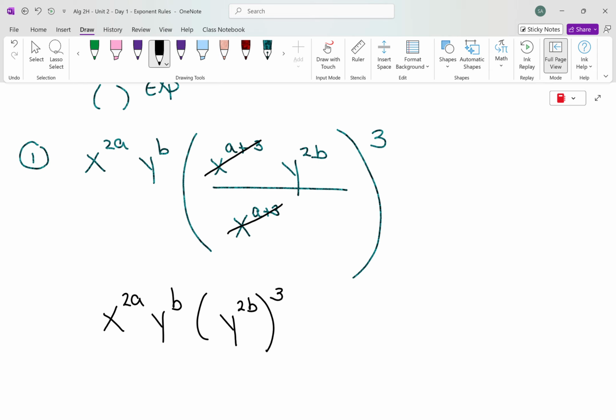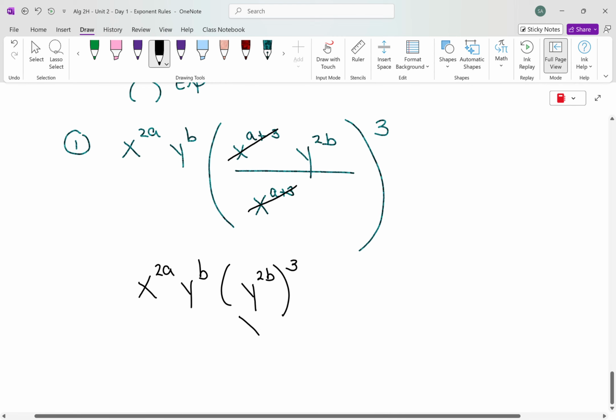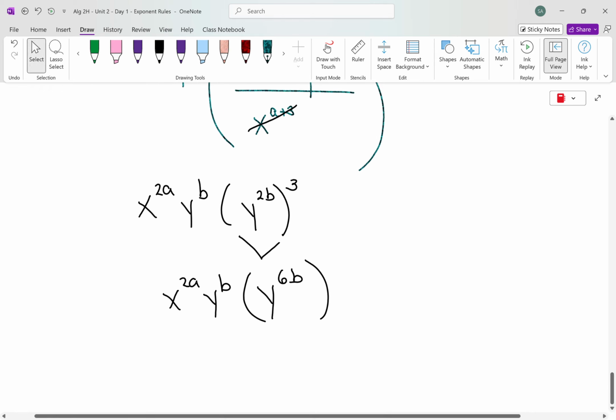So now we're left with x to the 2a, y to the b, times y to the 2b raised to the third power. So now I have multiplication, but I also have a power to a power. Don't I have to take care of the exponents first before multiplying? So then y to the 2b raised to the third power is y to the 6b.